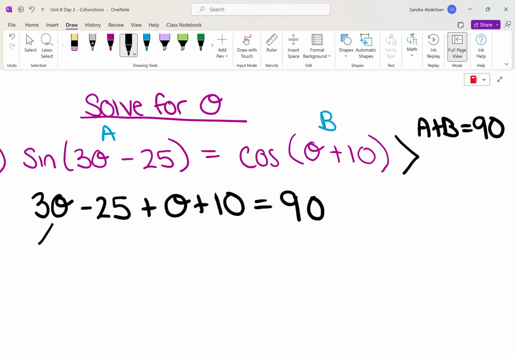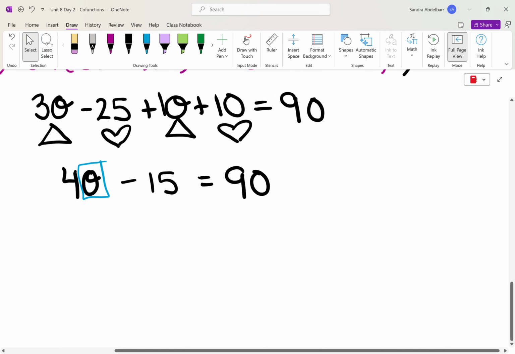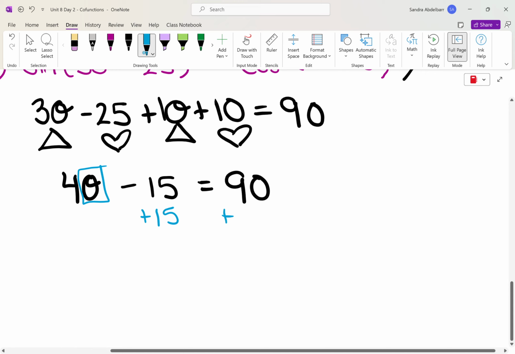So I'm going to combine my like terms. What's 3 theta plus 1 theta? 4 theta. What's a negative 25 plus a positive 10? Negative 15. So we're solving for theta, so I need to isolate it. So first thing I'm going to do is add 15 to both sides.